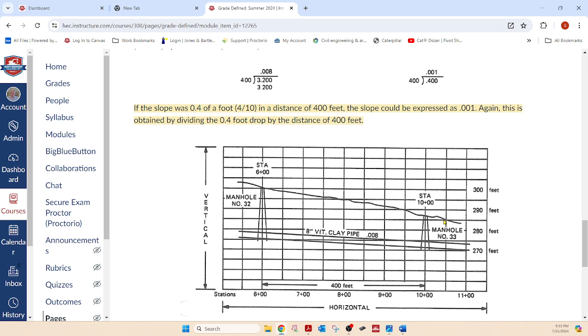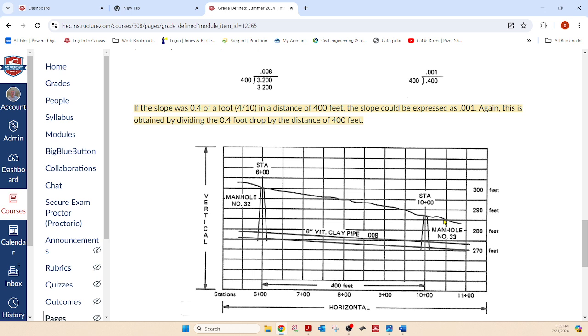We're almost done, guys. So 300 minus 285. That's a drop of 15 feet. That is a huge drop. Now, you got a vertical of 15.